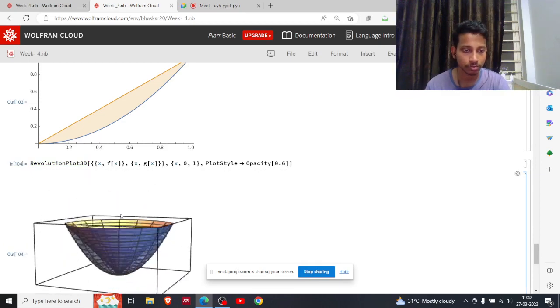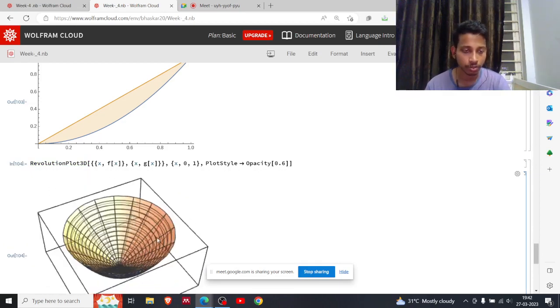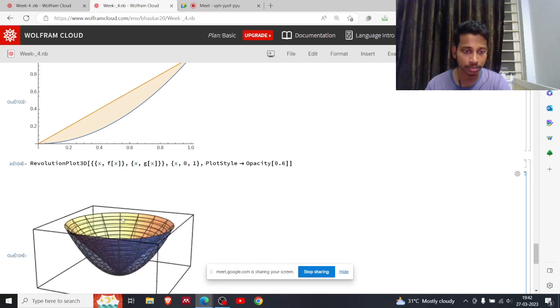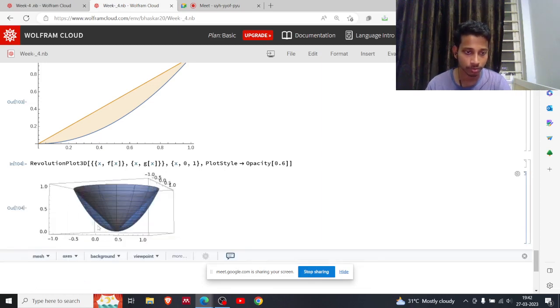Here you can see that two plots have been done simultaneously. If you look closely, you can see that this is for f(x) equal to x, and this curved surface is for g(x).